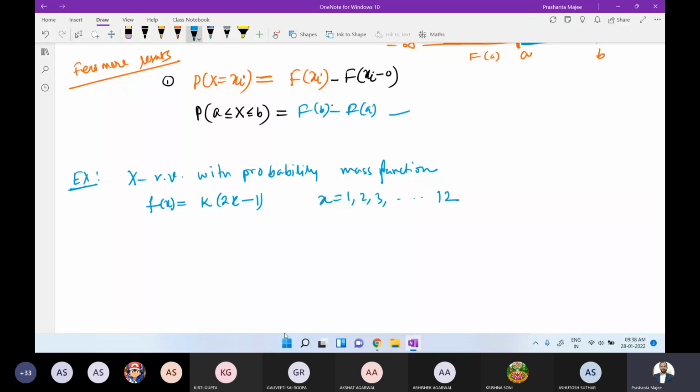What is the value of k? And what is the corresponding cumulative distribution function?